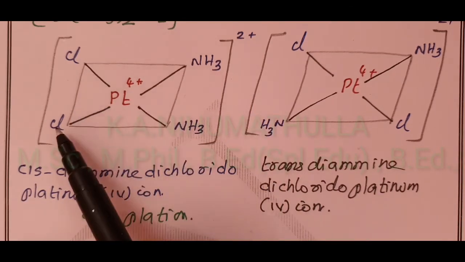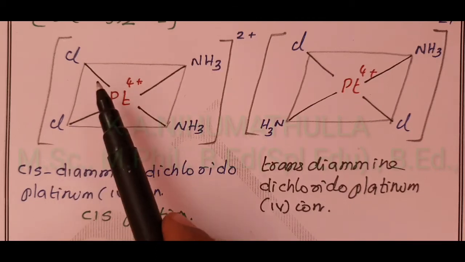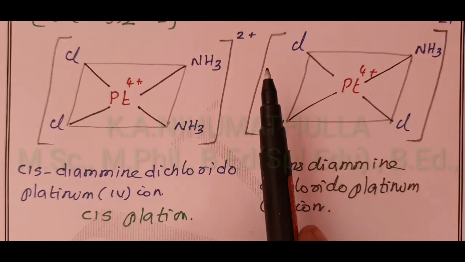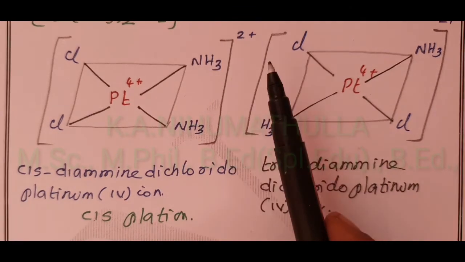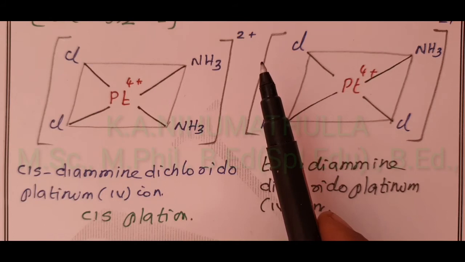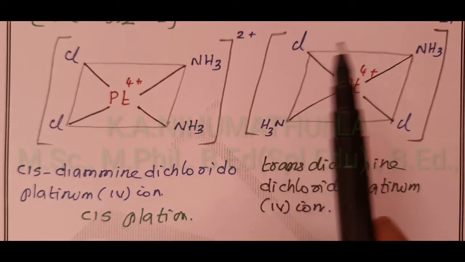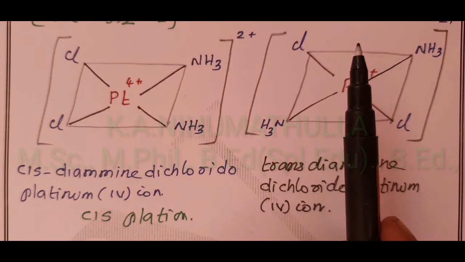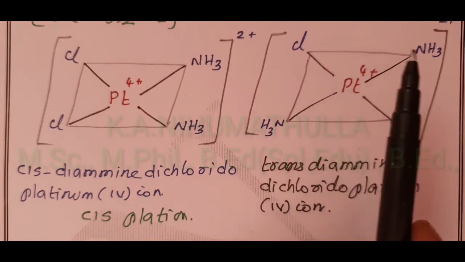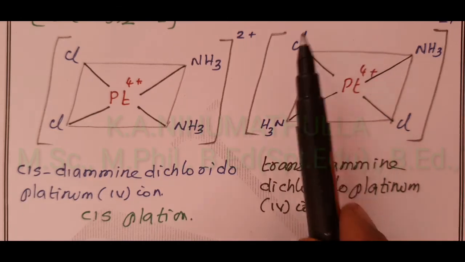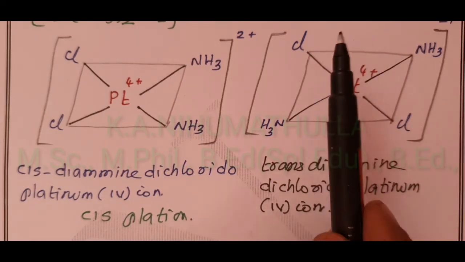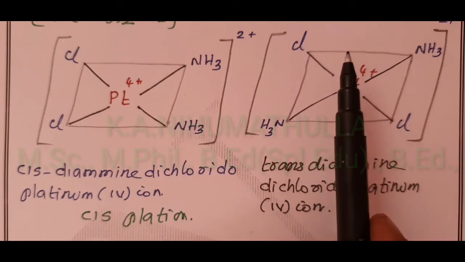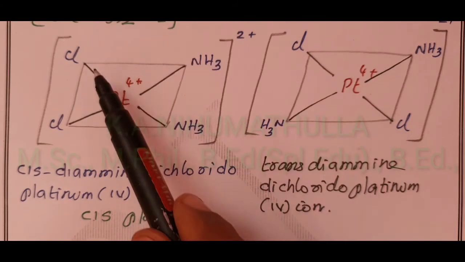These two Cl minus ions form a number of cross links between two DNA helices, and it affects DNA replication, duplication, and leads to inhibition of cell growth. Which cell growth? That is cancer cell growth. Finally, the cancer cell death takes place due to the cross link formed by cisplatin.